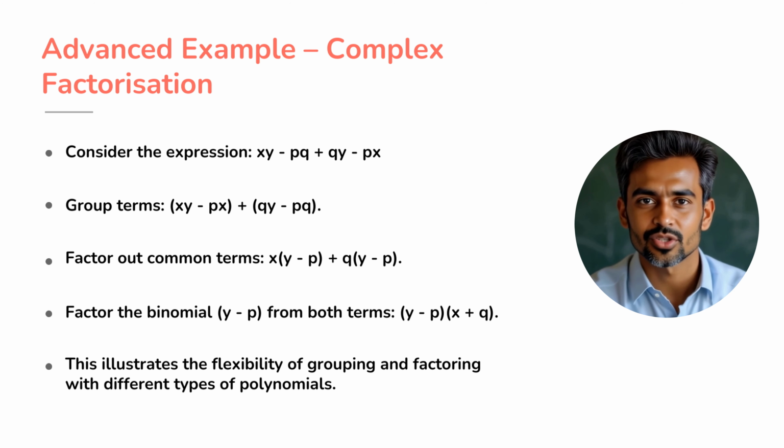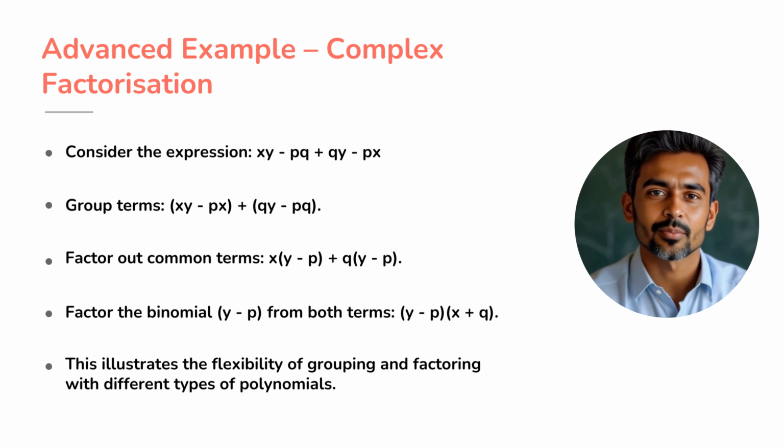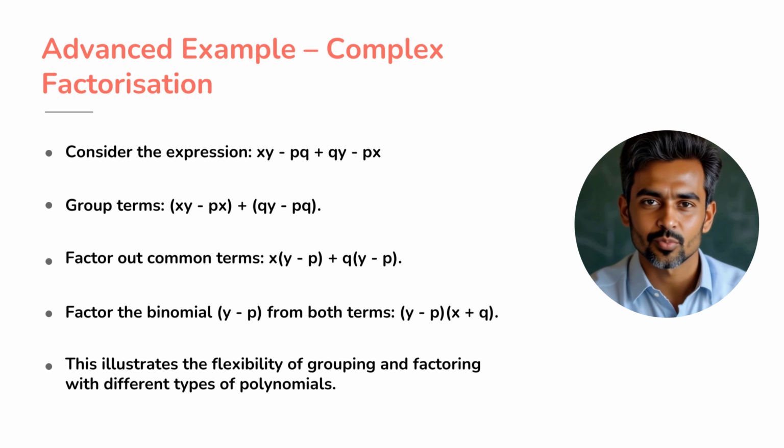In the second group, qy minus pq, we factor out q, giving us q times (y minus p). Now we can see that both parts have the common binomial factor, y minus p, so we can factor it out: (y minus p) times (x plus q). This demonstrates how grouping and factoring work for more complicated expressions as well. You can always look for common patterns to make the factorization process easier.